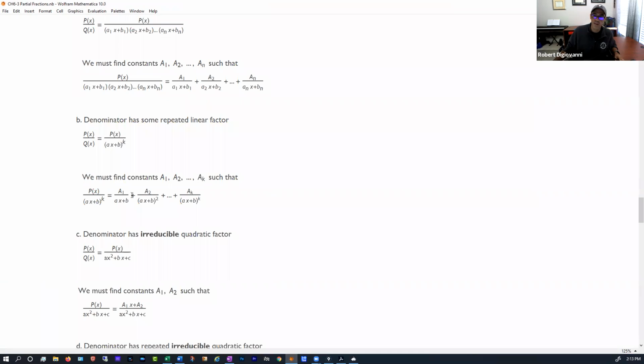So instead of using a, b, c, I'm using these a with subscripts. And then I'm putting the linear factor, then the linear factor squared, then cubed, then to the 4th, to the 5th, and you stop at the k power. That's what I'm saying to you right now. That's the way it looks in pure mathematical language. I think it's easier to speak than it is to write and understand. Do you agree?